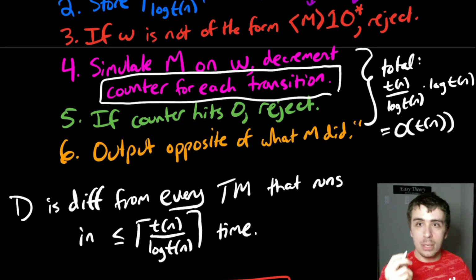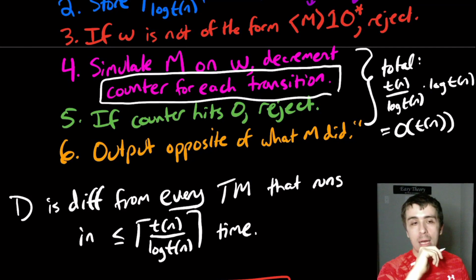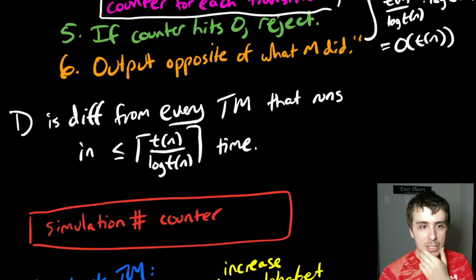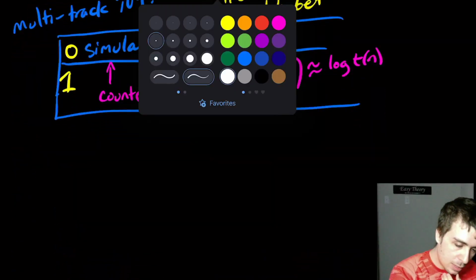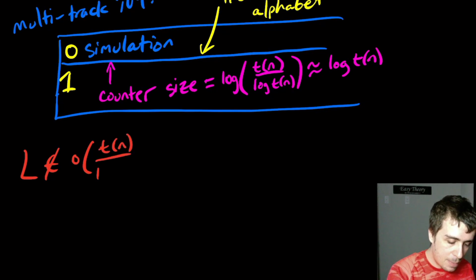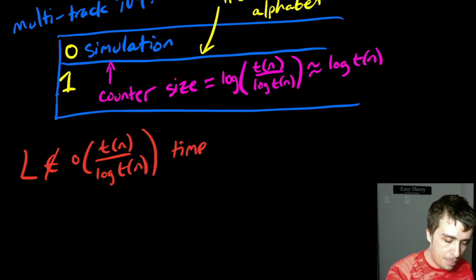So to actually make sure that this is going to be a little o of t of n, think of it this way. Let's prove that this language L is not in little o of t of n divided by log t of n time.